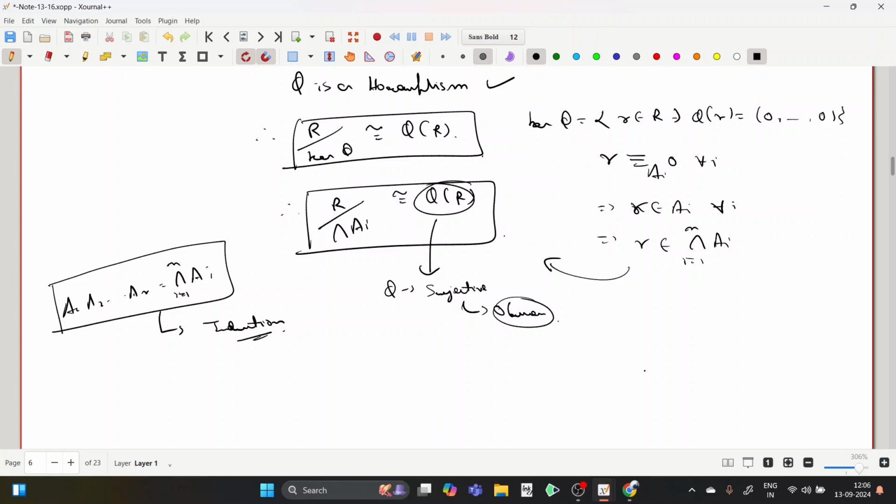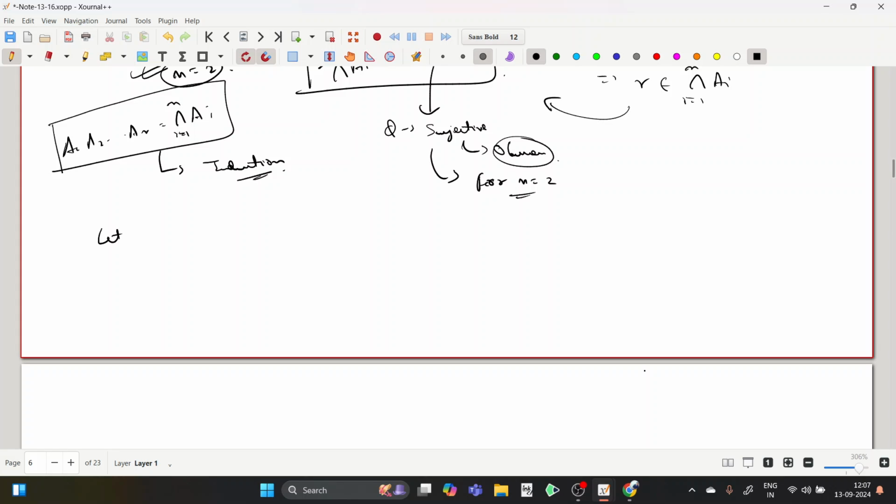So what we do is that we prove that phi is surjective, and this equality is already shown for n equals 2. We can indeed extend this to any arbitrary integer using induction. That's quite obvious. We will see that, but we first show that phi is surjective for n equals 2. Let us do that first.